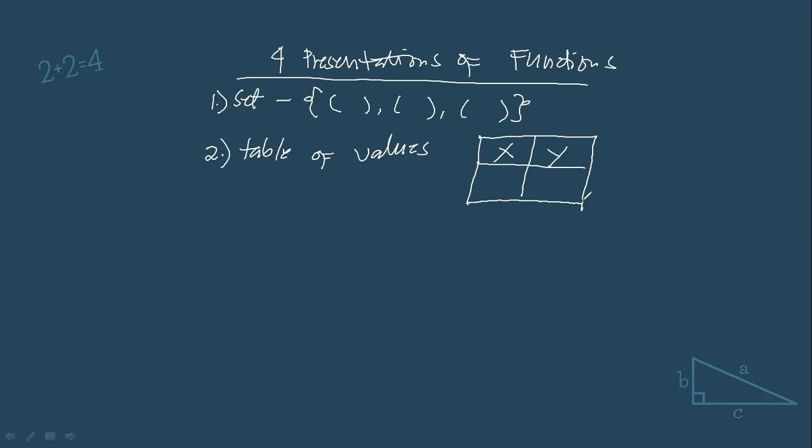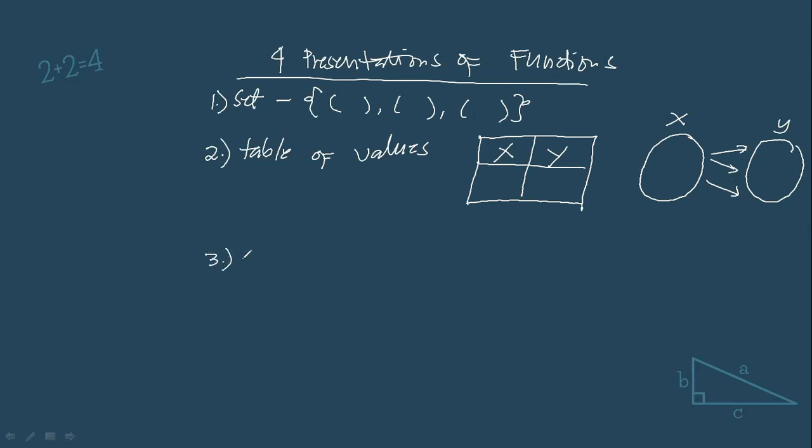Kapag not a function po siya, technically that is a relation. So dito po pala sa table of values, pwede din siyang ma-present in terms of circles or in terms of diagram. So we have here X nga for example, and this is Y. And pag may nakita po kayo mga arrow dyan, for example, so that is one also of the presentations.